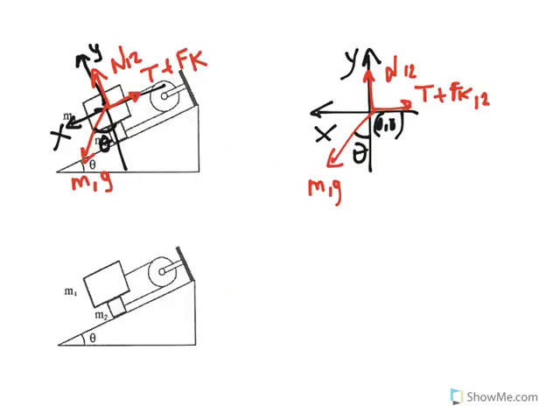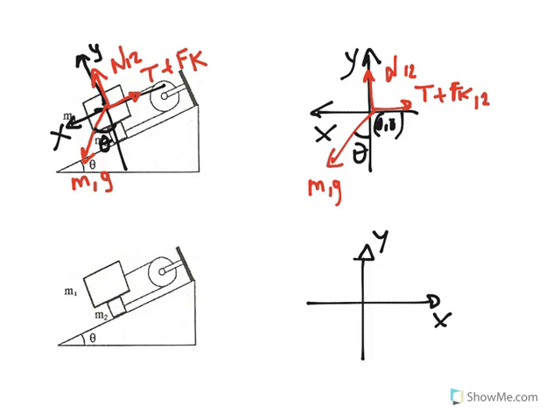The second free body diagram is for mass 2. We can draw our axes once again, x and y. In this case, x is positive towards the direction of the acceleration. In this situation, we have a lot of forces.